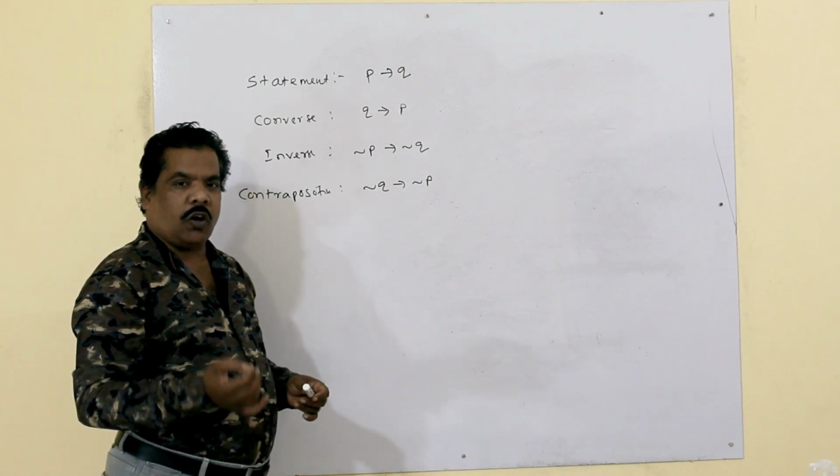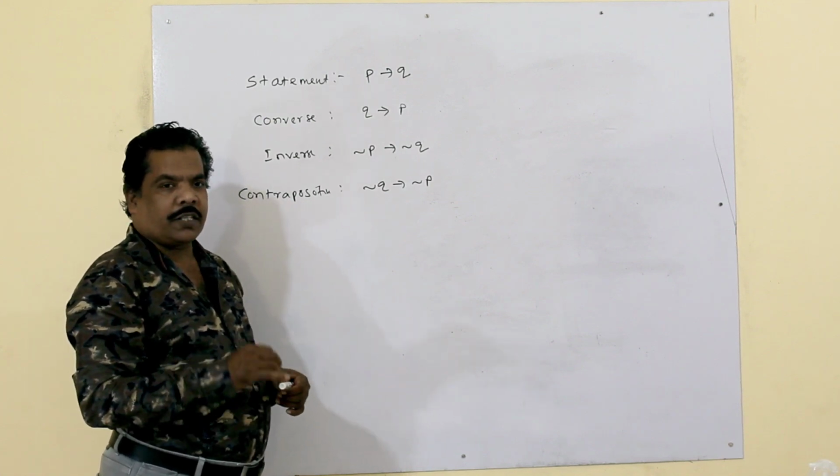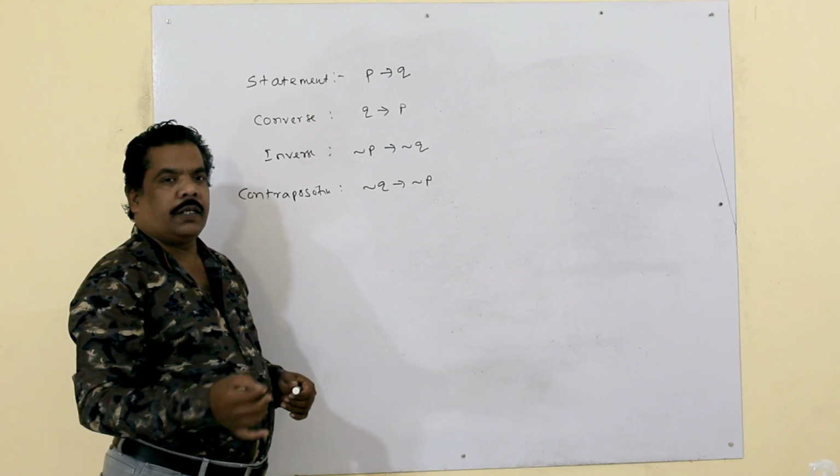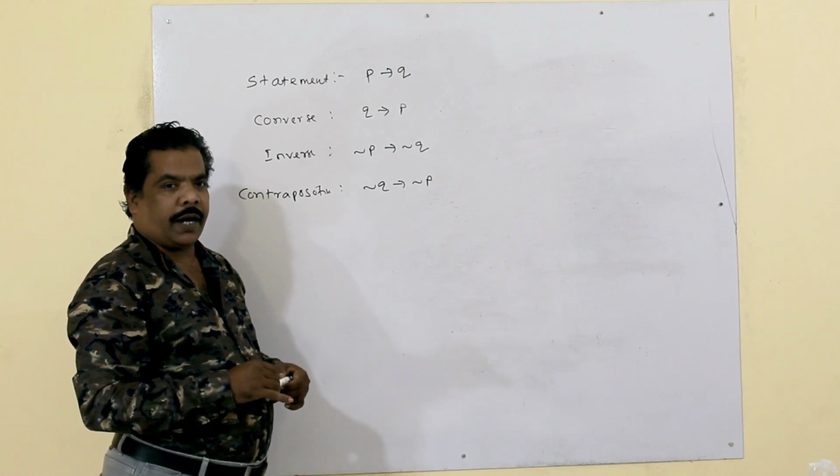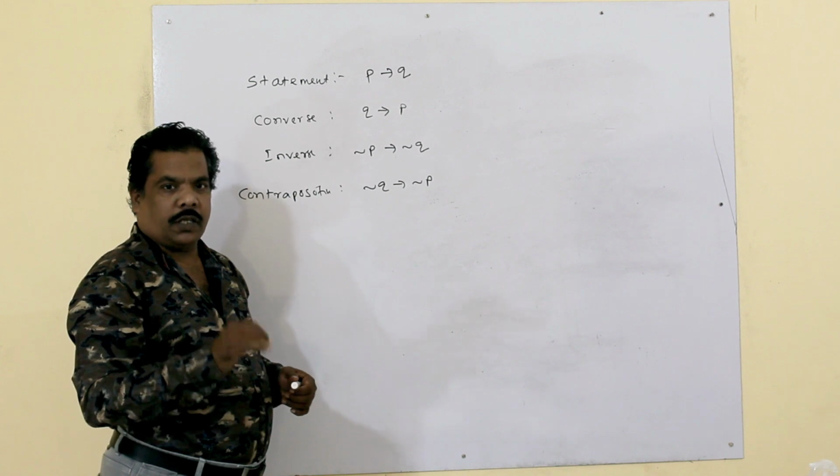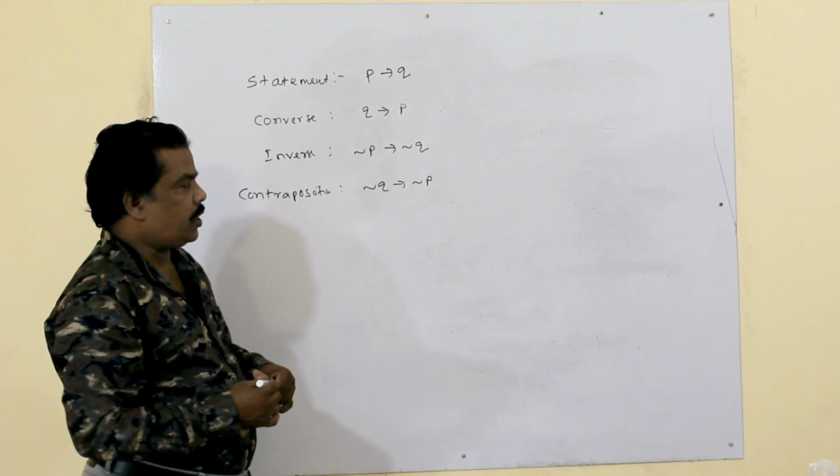If the statement is not in conditional form, first we convert the statement into conditional form. Then we write its converse, inverse and contrapositive.